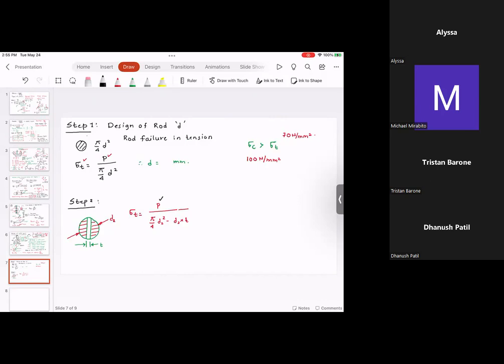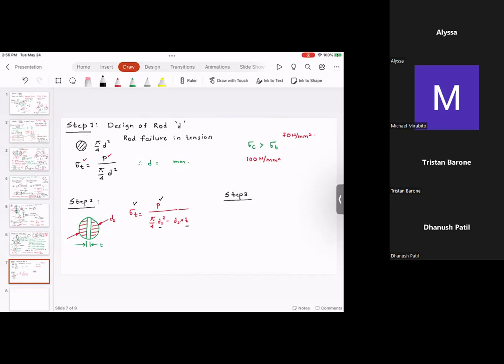The value of P is known. The value of sigma t is found out. But at this time, there are 2 unknowns: there is D2 and there is t. So clearly, we can't find 2 unknowns with one equation. So we have to use one more equation. And I'm going to write that step on the right hand side so this will be clear. This is called step 3.